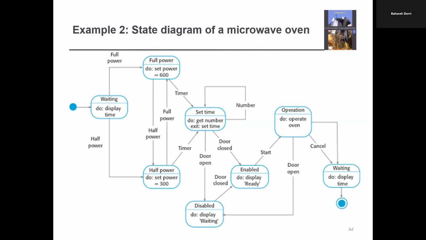At the final state, when the cooking ends or is cancelled, the system returns to the waiting state, completing the cycle. So this diagram shows event-driven transitions like pressing a button or opening the door. There are some actions that happen in each state, and control flows through real-time system states, which is ideal for embedded systems like a microwave.